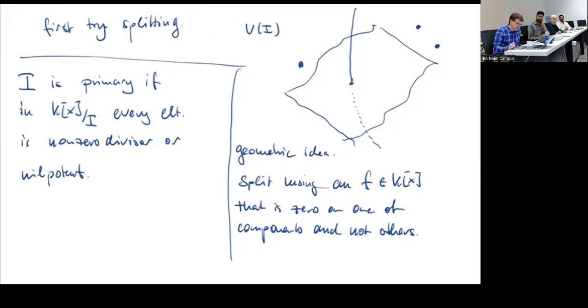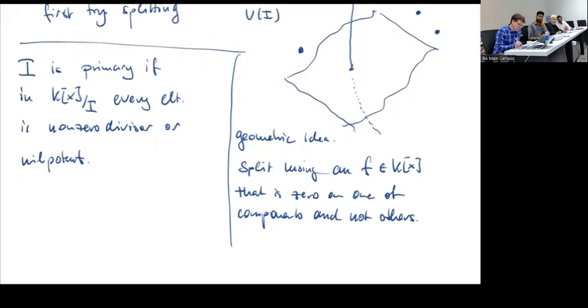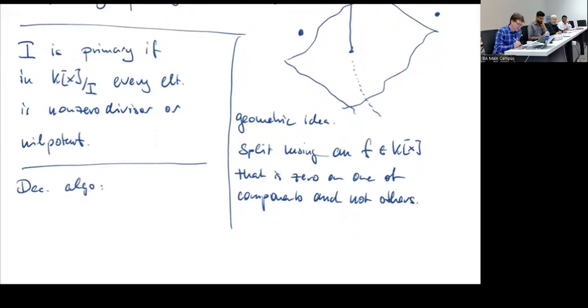So now here's a very naive primary decomposition algorithm. It doesn't work, but in principle it's a nice idea. So either I is already primary, then the algorithm is very easy.